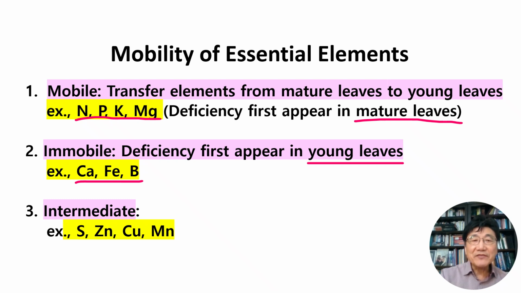In case of deficiency, mobile elements stored in mature leaves are easily transported to young leaves, so the deficiency symptoms appear in the mature leaves. However, in case of immobile elements, the deficiency symptoms appear in young leaves because immobile elements stored in mature leaves cannot move to young leaves.